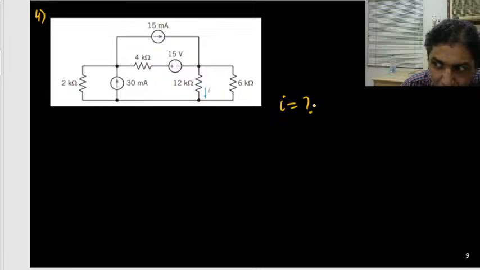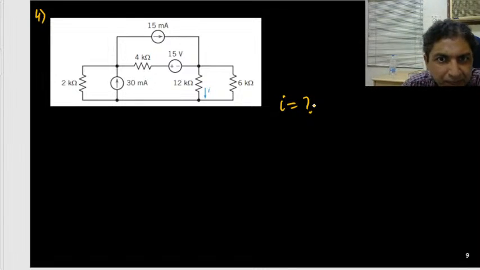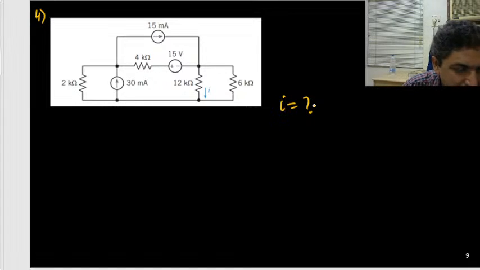Suppose I allow you to choose any method, anybody can suggest. Before solving this one, please let me know which method you are going to use: node analysis, mesh analysis, or any other.